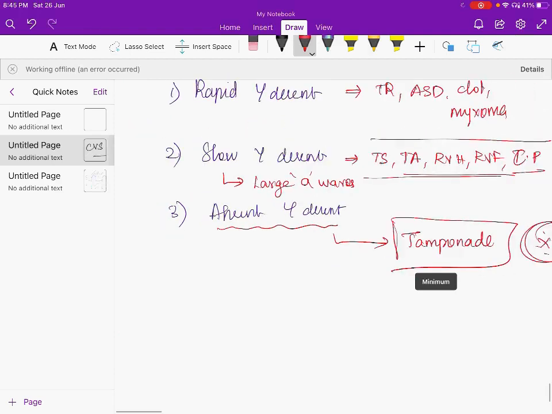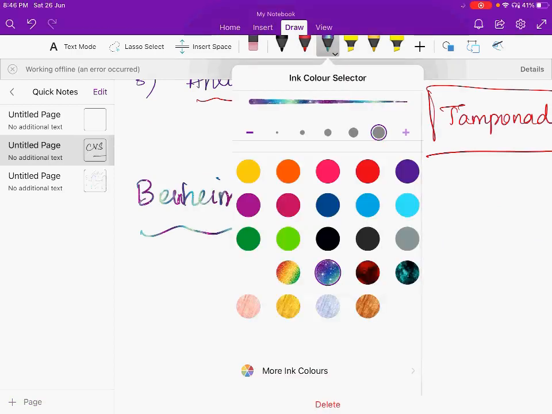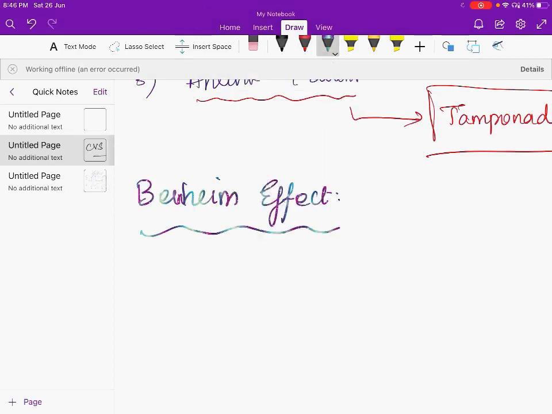And moving on to some next clinical points. Some of the questions asked in your model exams. Bernheim effect. Any idea what is Bernheim effect? Someone? Mitra? Yeah, septal deviation. You are partly correct.